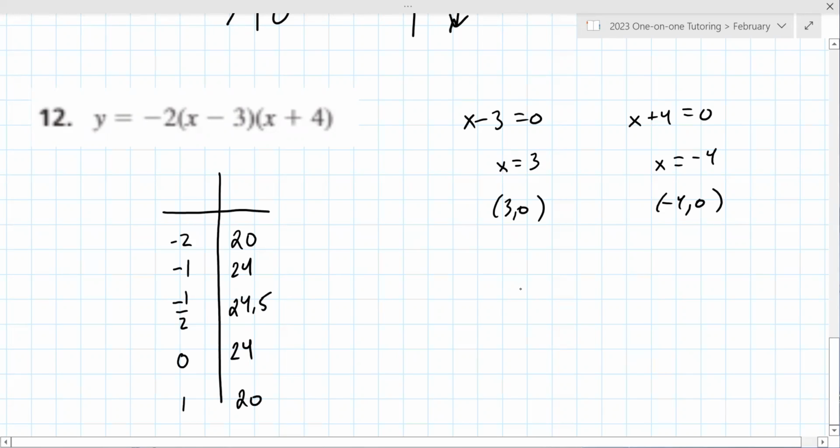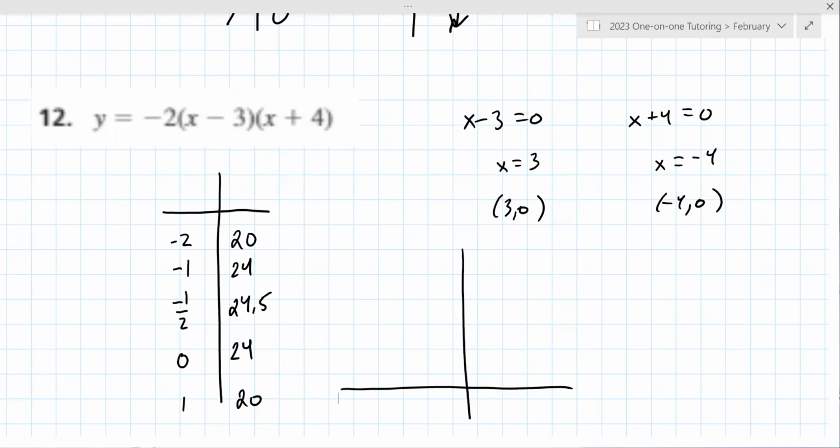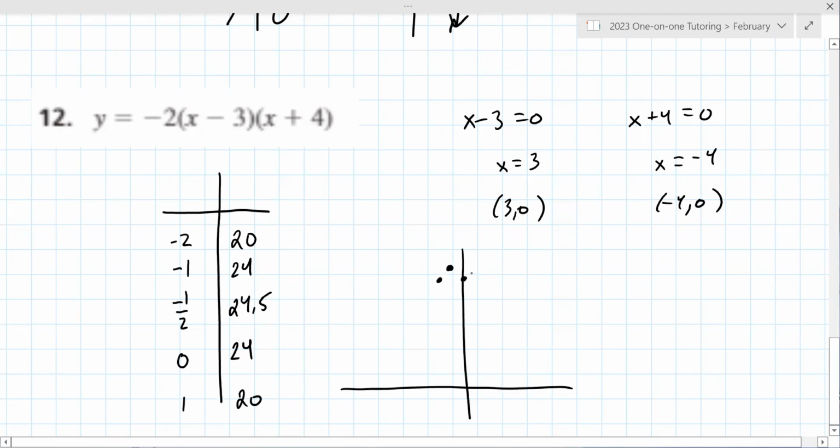So from here, you can make that sketch. Again, it's going to be hard to get this really to scale, because your points are very close together here. And I guess we've got (3, 0) and (-4, 0), something like that would probably do.